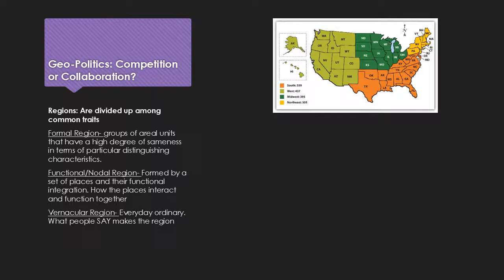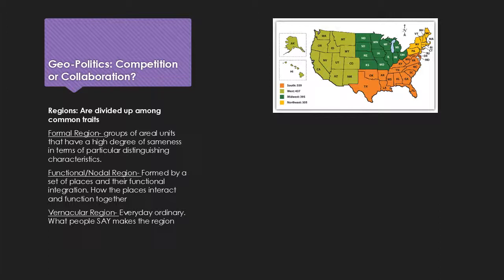We had the North, the Union, and then the South, the Confederates. Even though we may be in those formal regions, with the likeness of the people in the North and the likeness of the people in the South, that doesn't mean that they're always going to get along. And so there's more of that competition rather than collaboration, that fighting between the states.